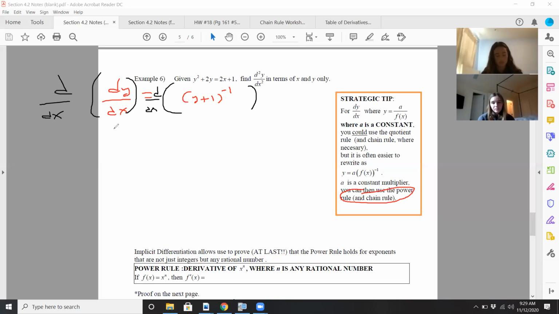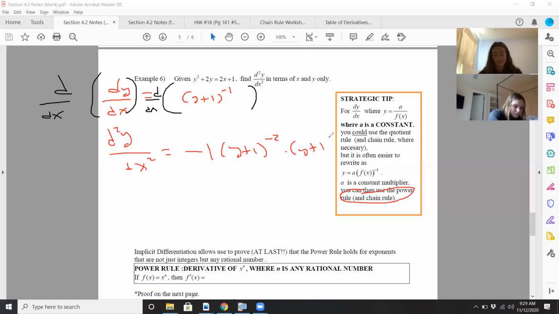Okay, so we have d2y over dx squared equals, move that negative 1 to the front, (y plus 1) raised to negative 2 power times the derivative of the inside. Notice I haven't done the dy over dx yet, because I haven't taken the derivative of y yet, but I'm about to.